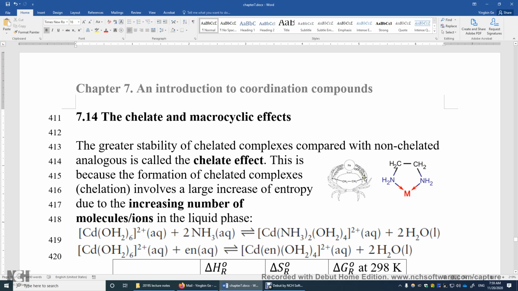But again, I want to remind you, very likely these 2 nitrogen atoms can also be bonded to this ion to form an octahedral complex. It's just because I'm using this crab to illustrate the chelate effect. So from this picture, it's not clear that these two nitrogen atoms can also be close enough to this transition metal center and also form two bonds.